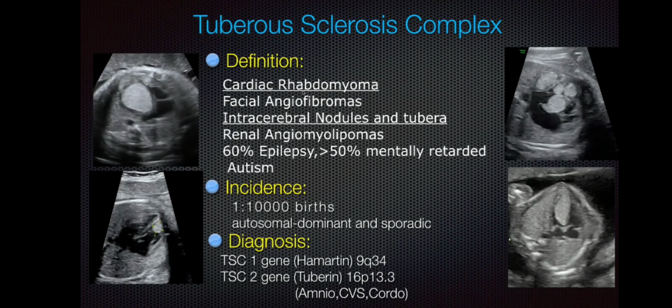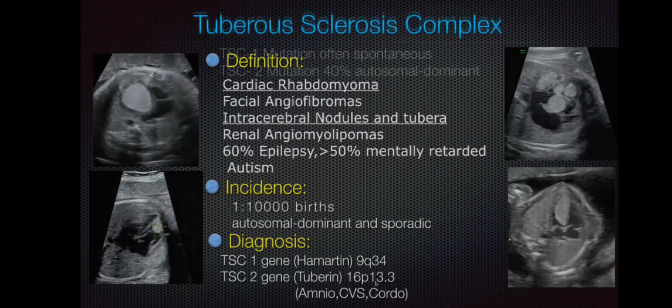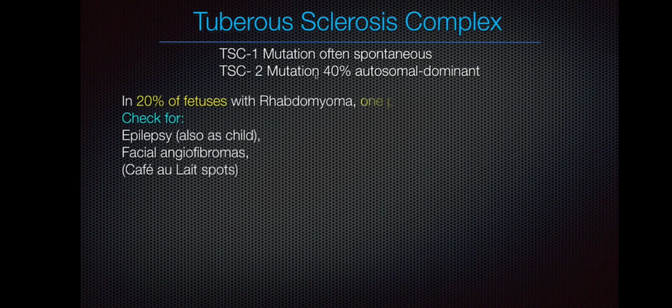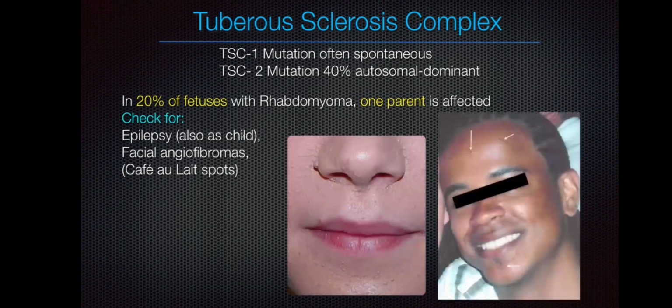We know that 90% may have some intracerebral problems, and 80 to 90% will have a mutation either on the TSC1 or TSC2 gene, which is tuberous sclerosis complex on these chromosomes. What we know here is that many of these may be inherited from one of the parents, so ask the family history if they have epilepsy and something similar, and you also check for angiofibroma on the face, and this is what you can see here.